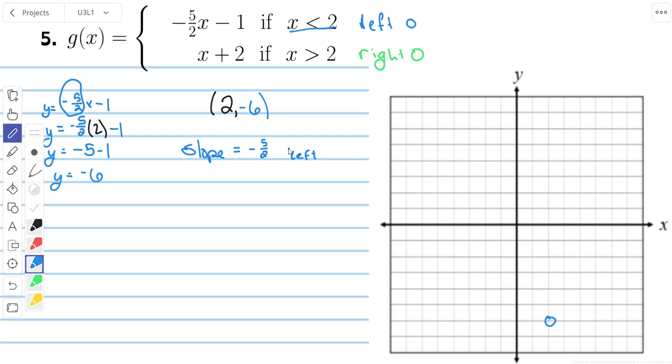So if I need to be negative, that means I need to rise and go left 2. So rise 5, go left 2. My next dot, rise 5, go left 2. And then I no longer have a spot for my numbers, so I'm going to go ahead and start graphing my lines.